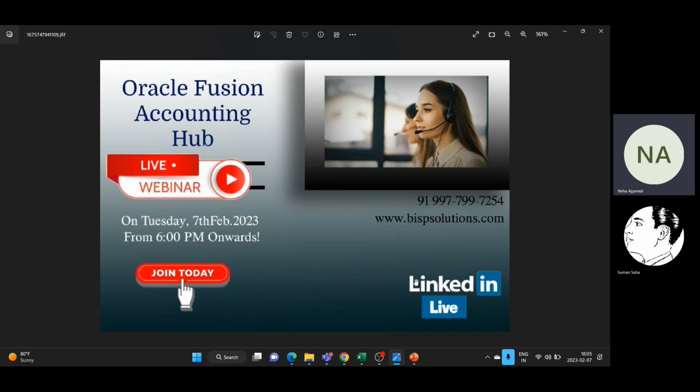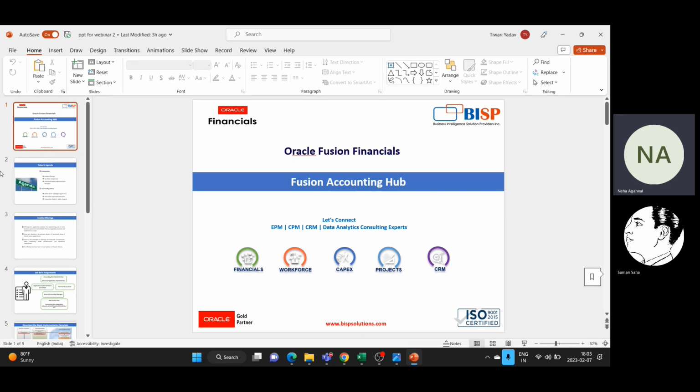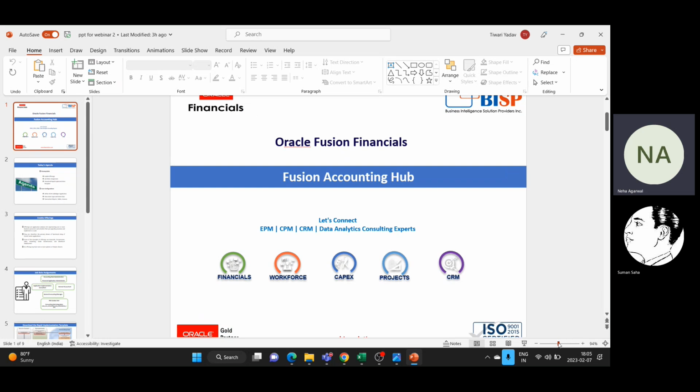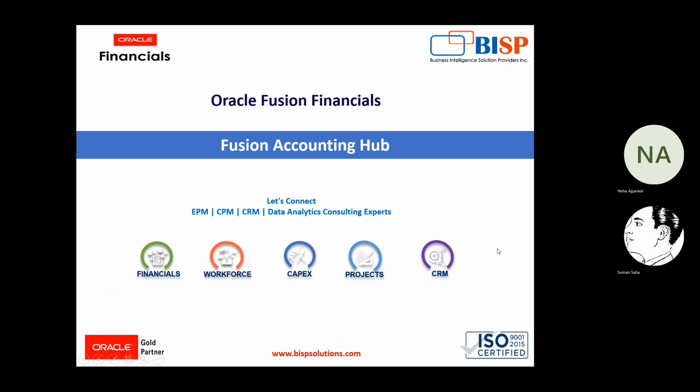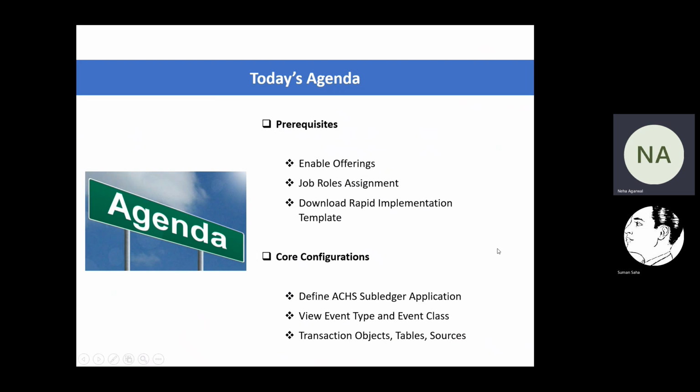So let us move to our PPT for better understanding, to understand today's agenda and to begin with our session. Our agenda today will be to understand the prerequisites before we set up our core configurations.